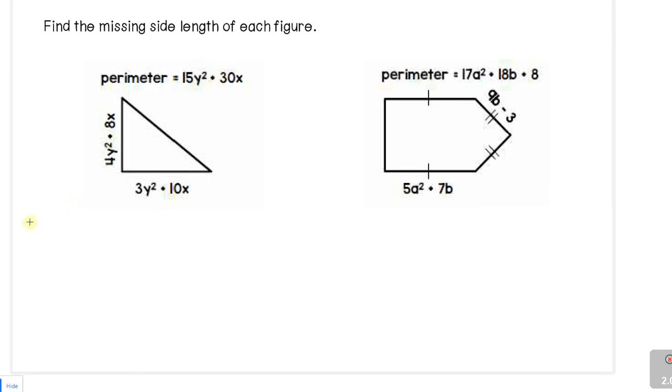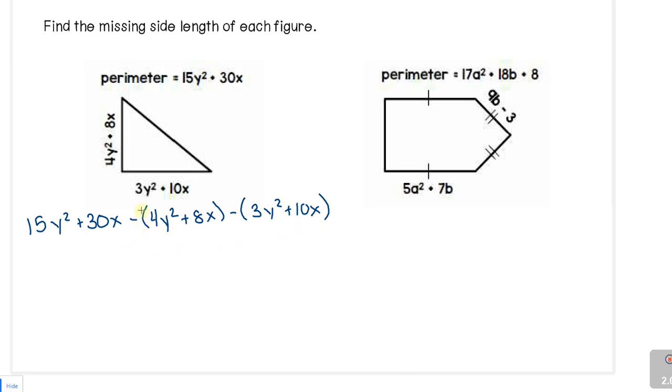So our perimeter, we have 15y squared plus 30x. And we're going to subtract our first side length, so 4y squared plus 8x, and then subtract our second side length, 3y squared plus 10x.